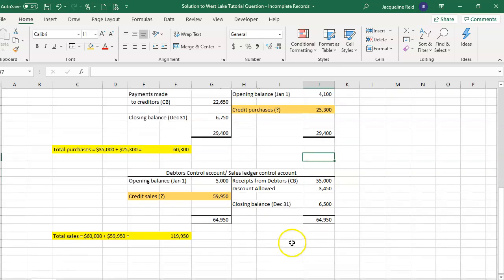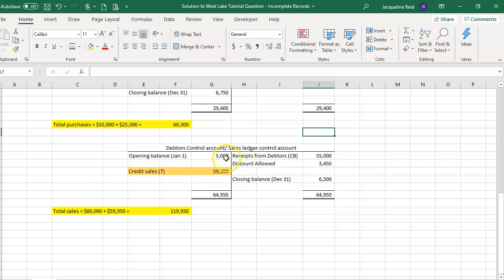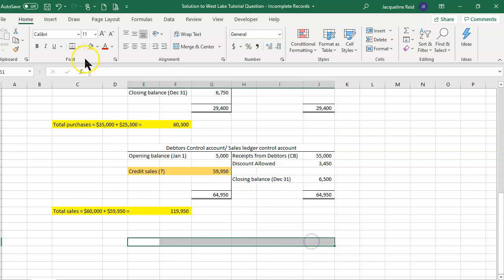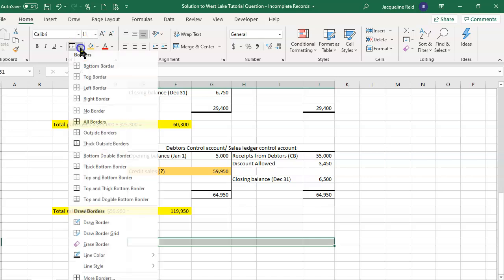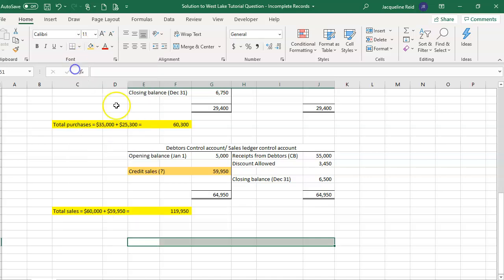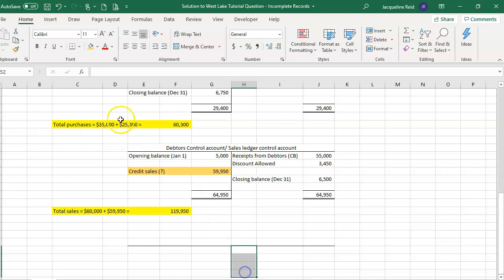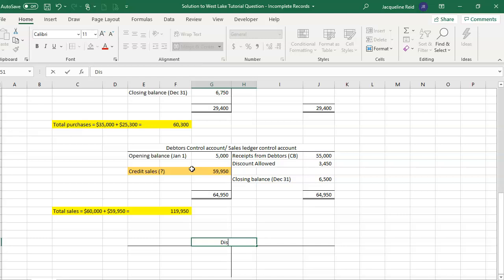Oh, let me not forget, because I credited the control account with discounts allowed, I need to put an account on the side called discounts allowed, because I have to complete the double entry for this. I don't want to leave it hanging. So because I credited the debtors control account, I am going to have to debit the discounts allowed account.